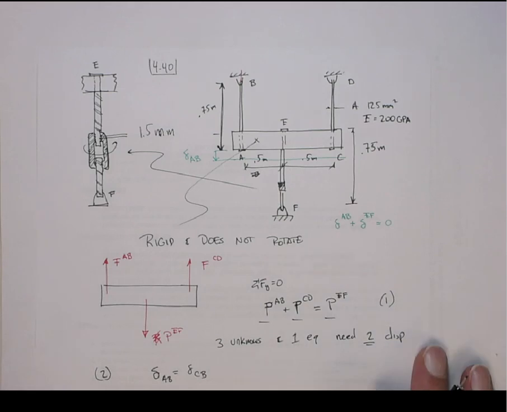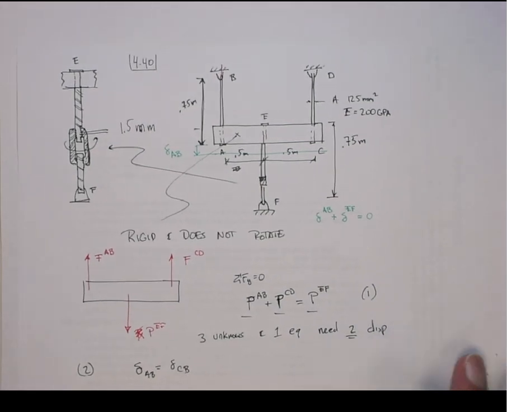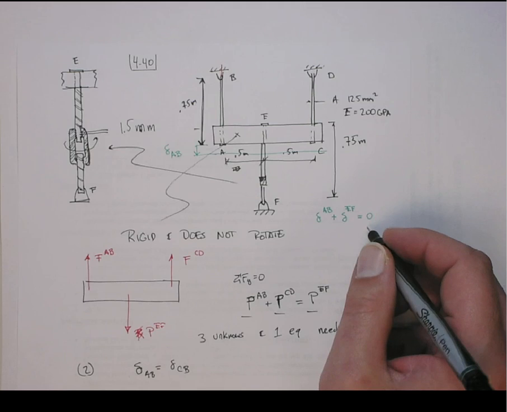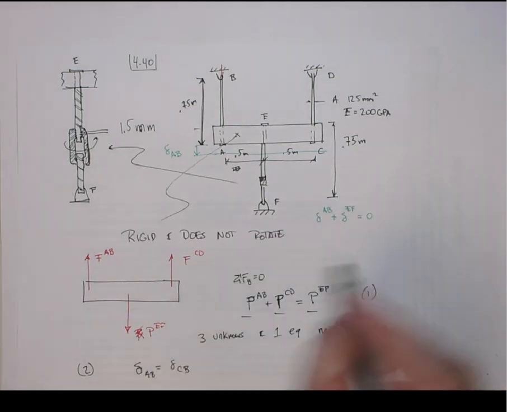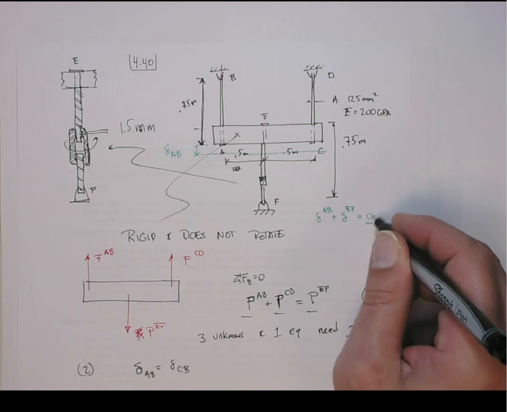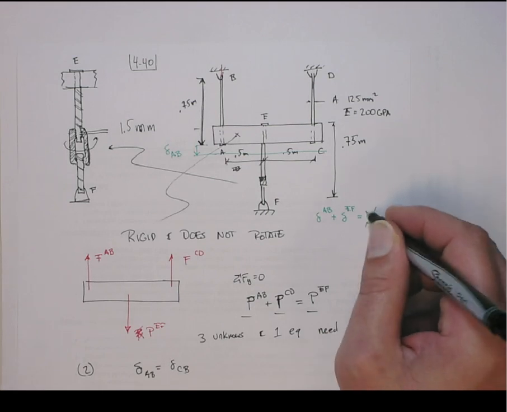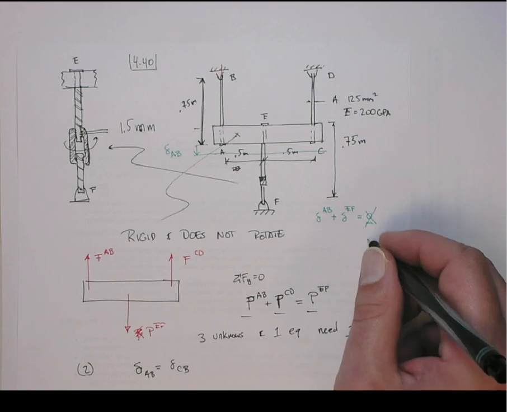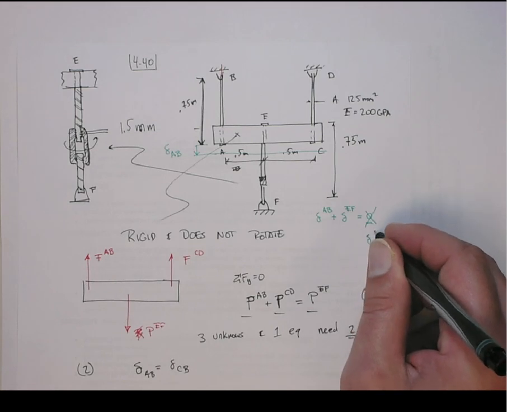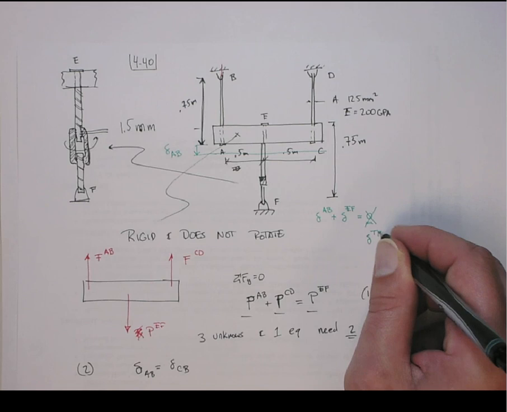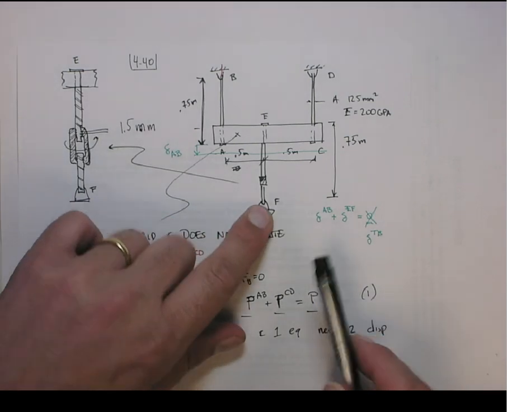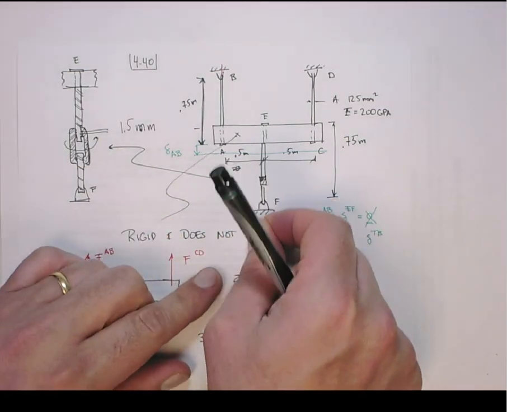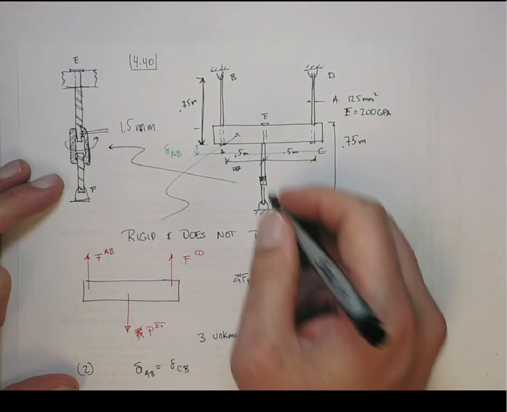Well, in this situation we have the turnbuckle. So actually what happens is this distance here is not going to be 0. It actually has to become the amount of change in the turnbuckle. So forget there's a turnbuckle. Imagine instead of a turnbuckle, there was somebody just pulling this down a little bit.